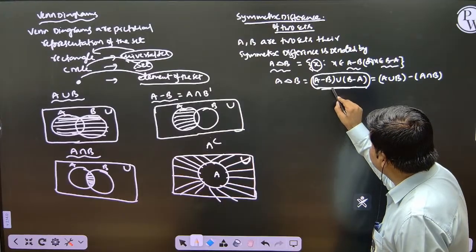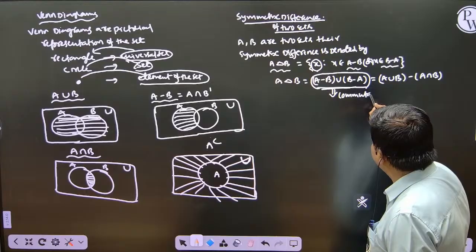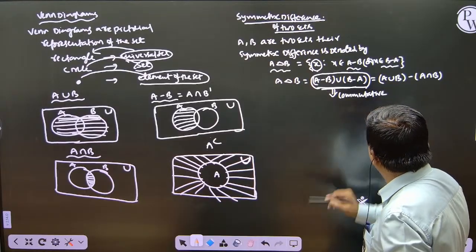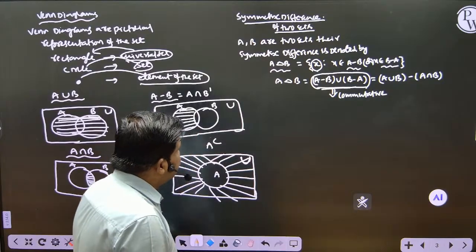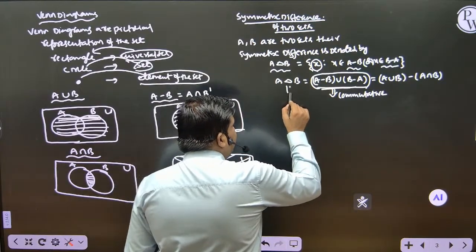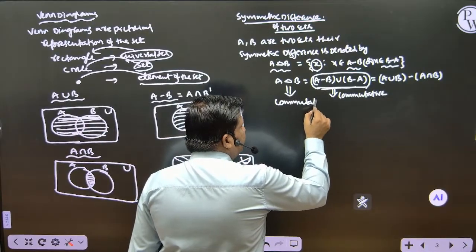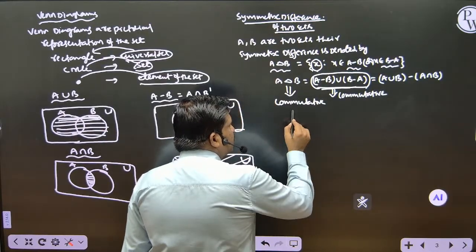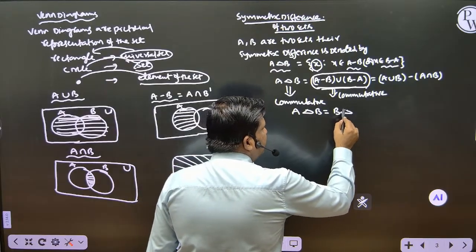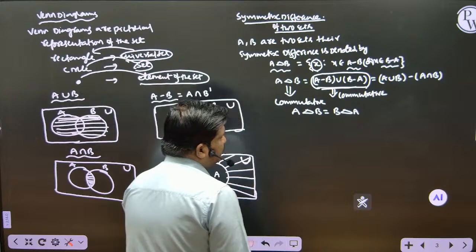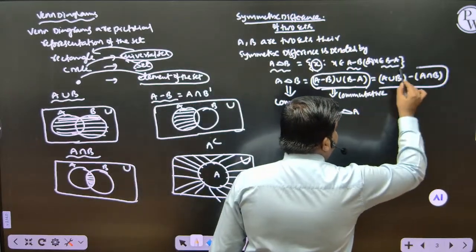But union satisfies which property? Commutative property. That's why A delta B also satisfies the commutative property. So A delta B is always equal to B delta A.